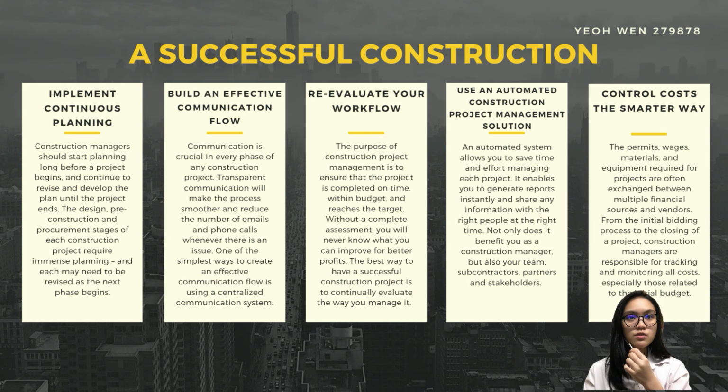One of the simplest ways to create an effective communication flow is using a centralized communication system. By synchronizing comments, photos, documents, and calendars in one location, you can monitor the updates, calls, and scheduling changes as they occur.